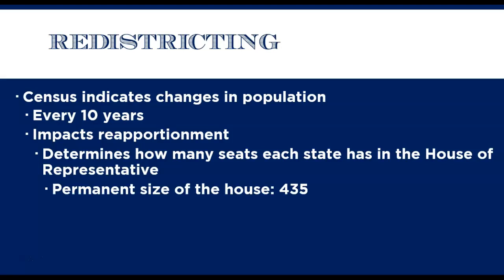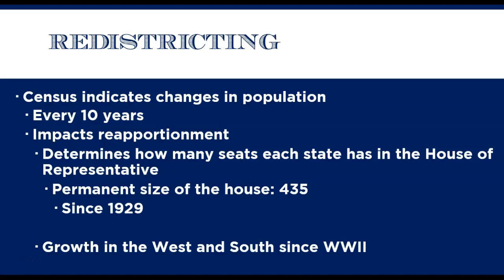The permanent size of the House, as we know, is 435, and they divide that up amongst the states based on their population. This has been going on since 1929. There's been a lot of growth in the West and the South after World War II, because a lot of people have moved to those areas. So those areas have grown, and after the census and the reapportionment, those areas tend to have gotten more representation over the years.